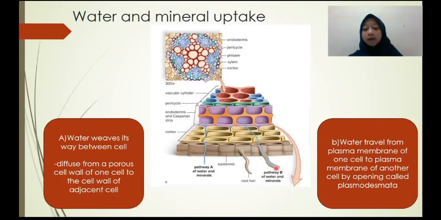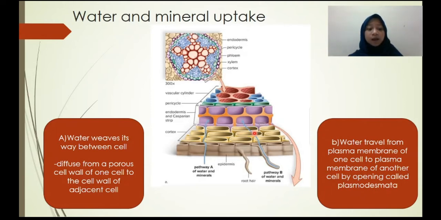For the second part of the water and mineral uptake, the water and minerals will travel from the plasma membrane of one cell into the plasma membrane of another cell through an opening. The opening is called plasmodesmata. So, how does water and mineral uptake occur in flowering plants?